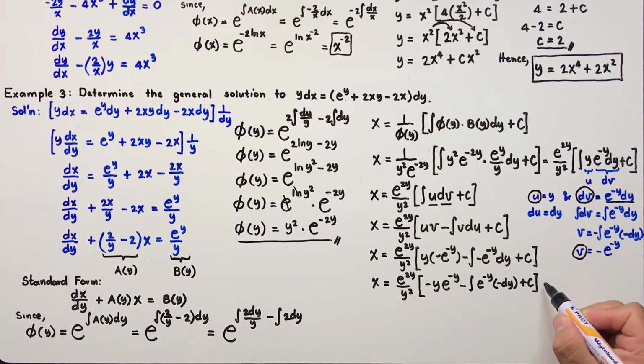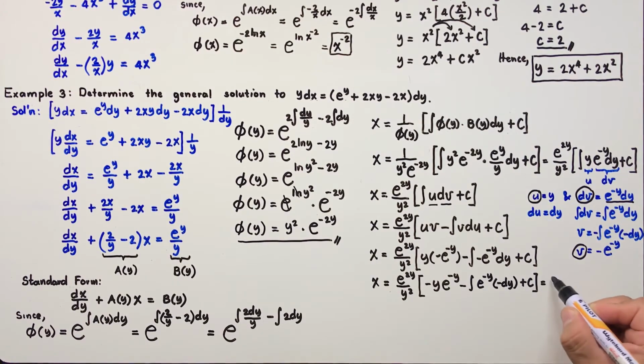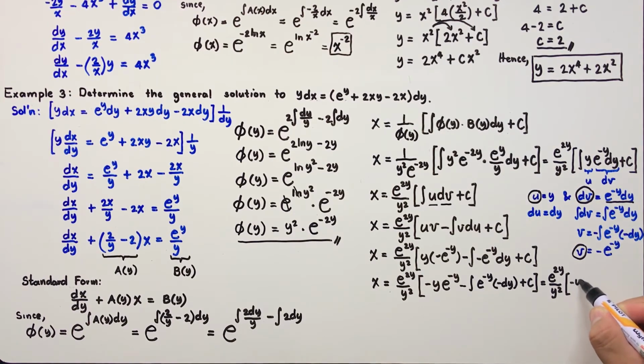So this is equal to e to the power 2y over y squared times the quantity of negative y e to the negative y minus e to the negative y, because the integral of this one is e to the negative y, plus the constant of integration c.